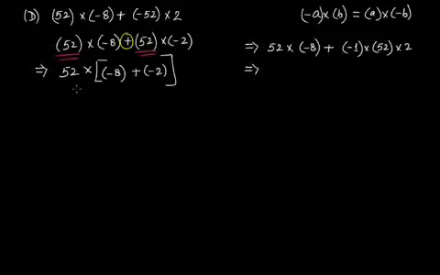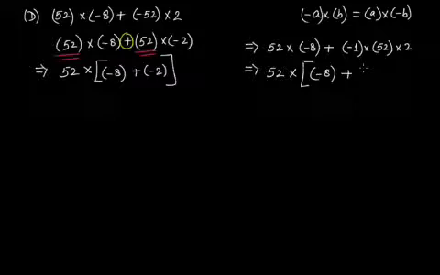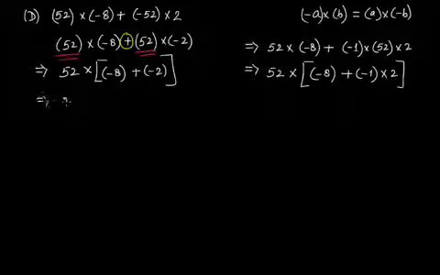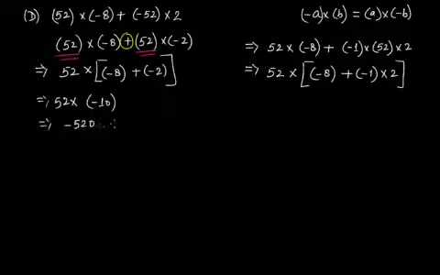We can write it like this one. And for this one, it will be again take 52 out, and then times here, this is minus 8, and this is plus minus 1 times 2, right? Solve this one. So this will be 52 times minus 10, and this will give you minus 520.